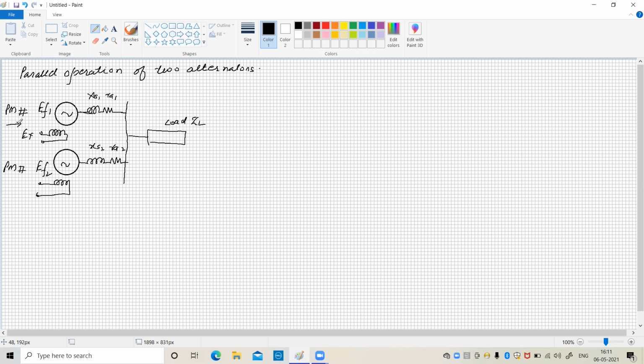What is the effect on the load, and on the operating parameters of the alternator, that is the frequency, power factor, terminal voltage, and reactive power? These are the points to be examined by changing the excitation and the mechanical input.